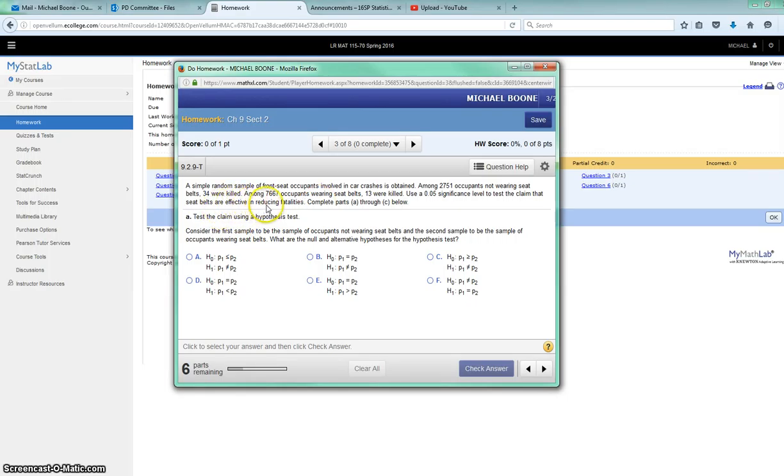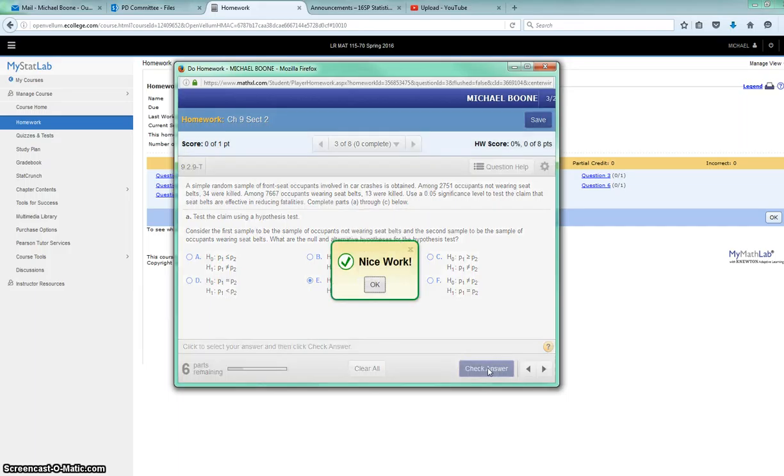So in that case, which proportion would be greater? That should mean that not wearing probably has a greater fatality rate than wearing seatbelts. So the fatality rate for not wearing seatbelts would be larger than for wearing. So this is what we think our alternative hypothesis is.